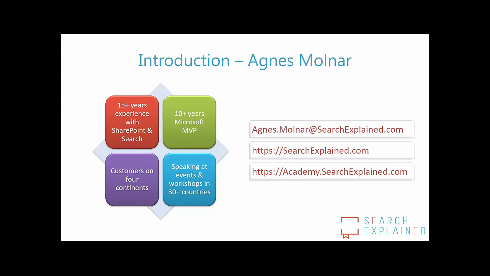It has a couple of online courses at the moment, but we are adding more and more on a regular basis. So today I'm going to share some insights regarding search in Office 365 and how to optimize that and how to get the most out of it.